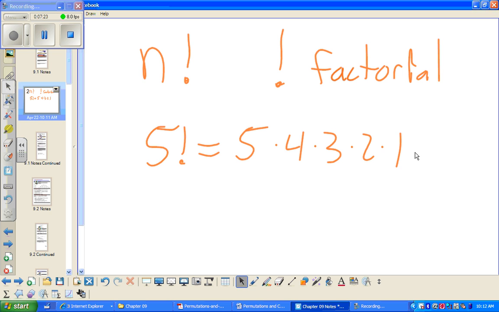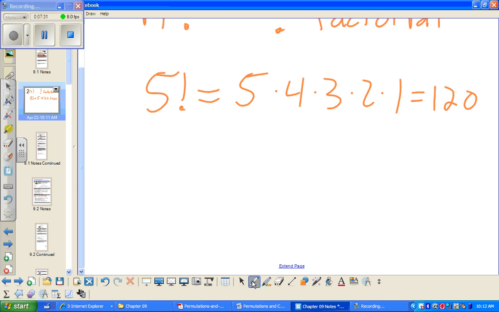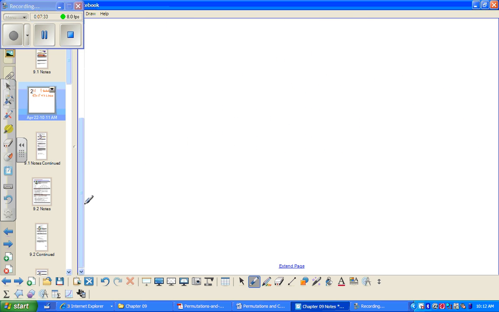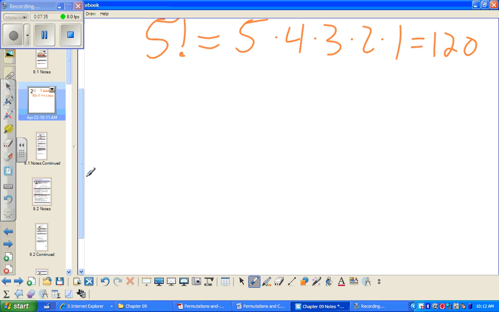So that would equal 120. That's what 5 factorial means. Just some things to help you so you don't have to always type all that into your calculator or find the factorial button on your calculator under math and under the probability subheading.